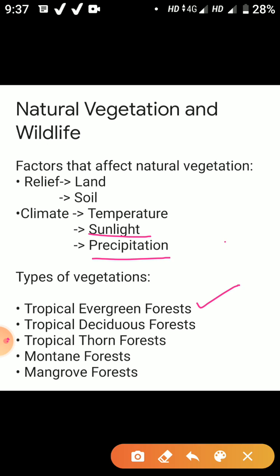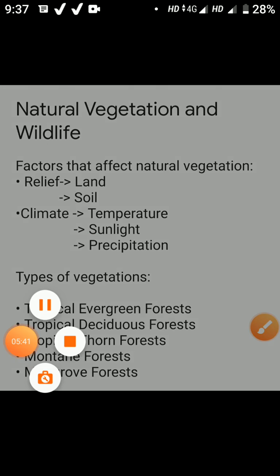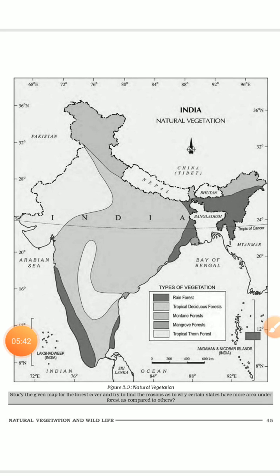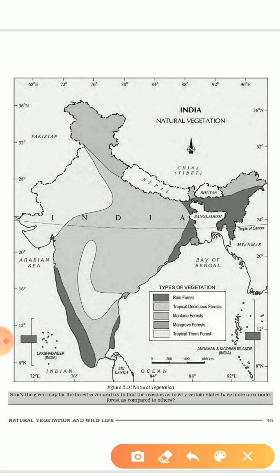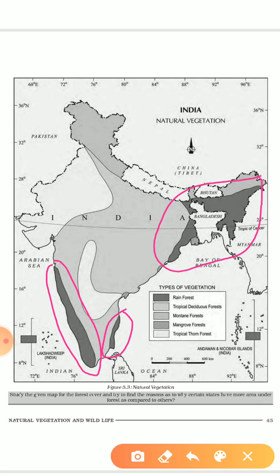So if we go to the map, just look at the map. You can very well see these regions which are shaded in dark. These are the regions which have tropical evergreen forest. You will find that they are found in the Western Ghats and the island groups.